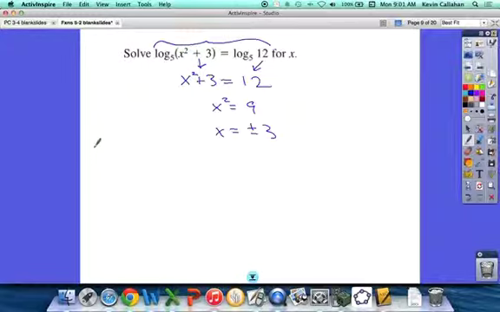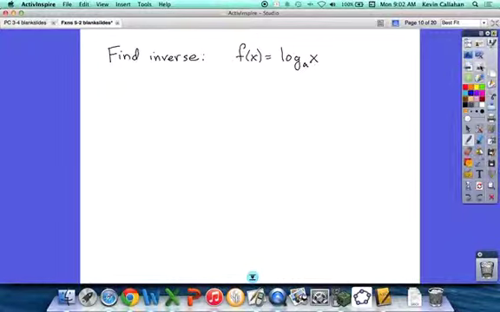That's the one-to-one property. Good with that? We're done. Slow me down if I go too fast.